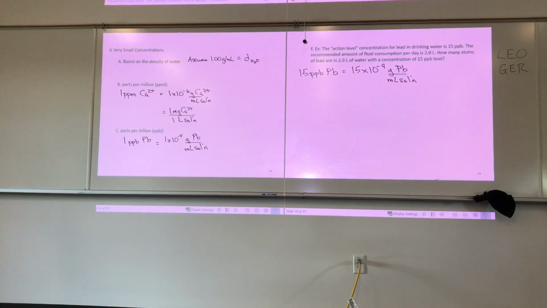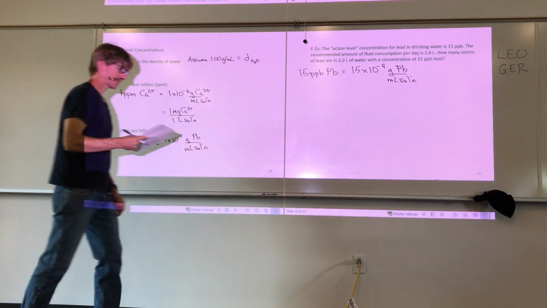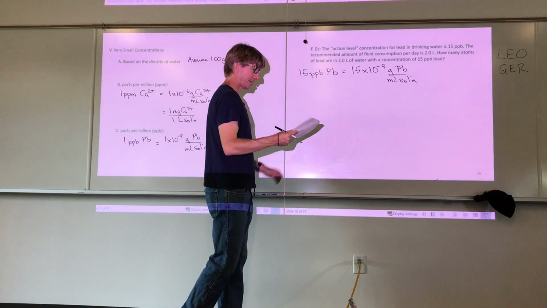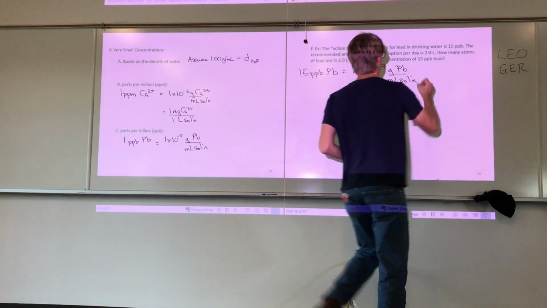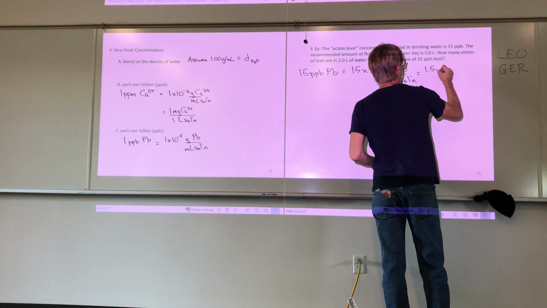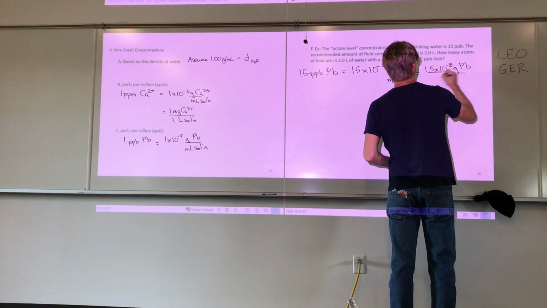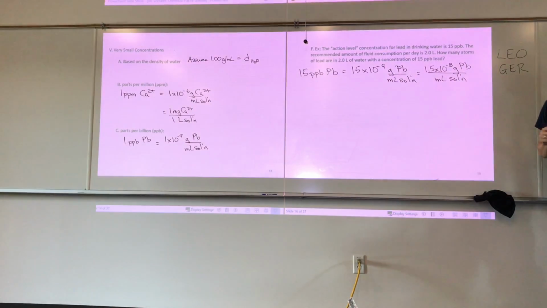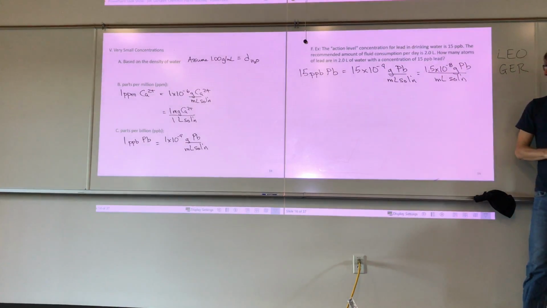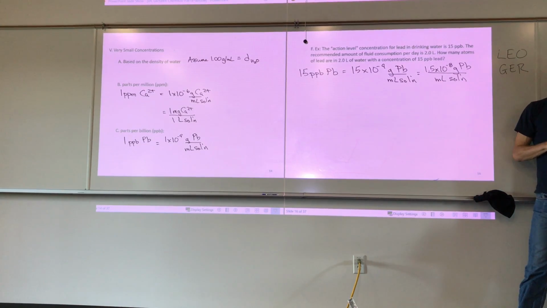It's a little weird because 15 times 10 to the minus 9 is really 1.5 times 10 to the minus 8, but that's still the case. I converted it into better scientific notation, and then put the whole thing over milliliters of solution.